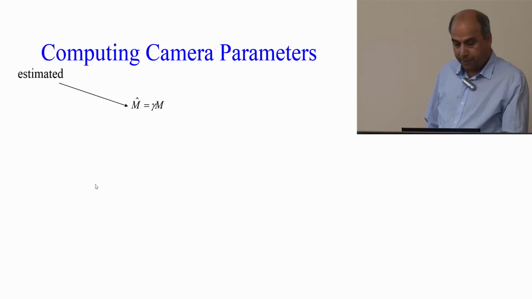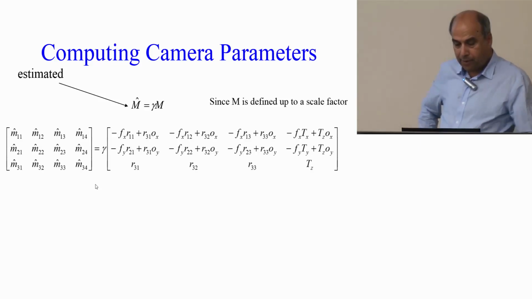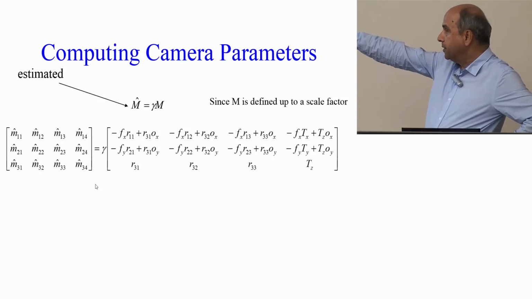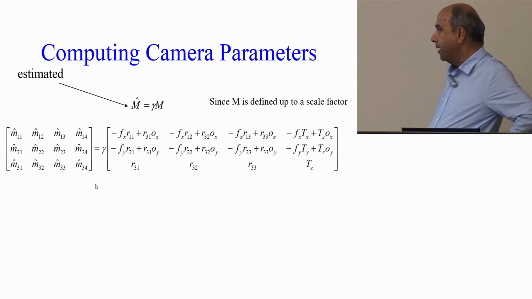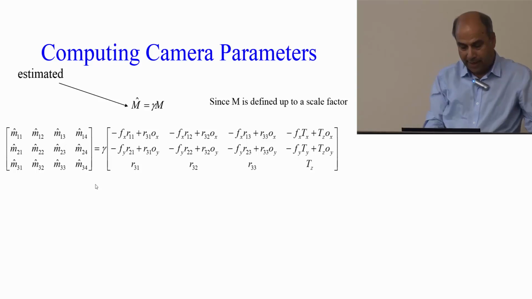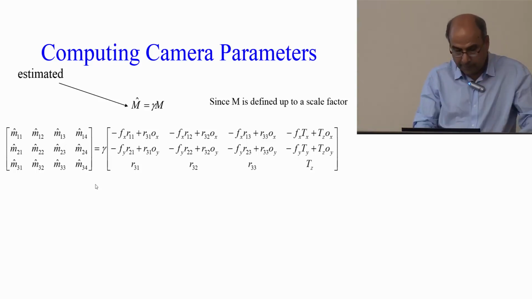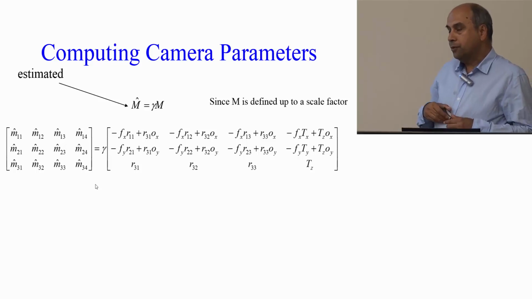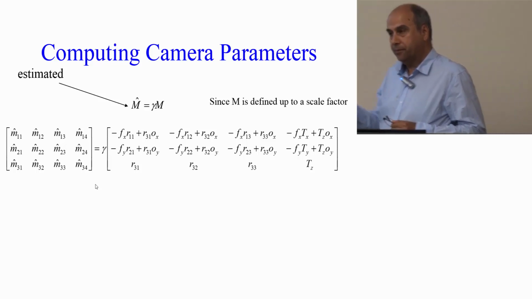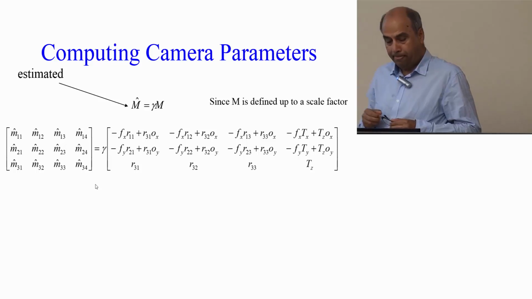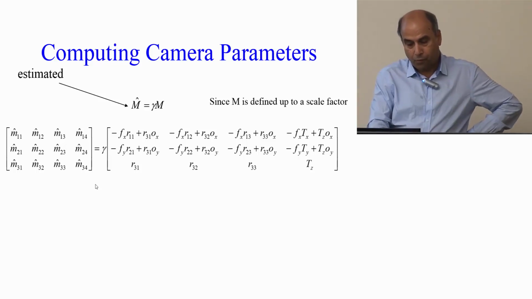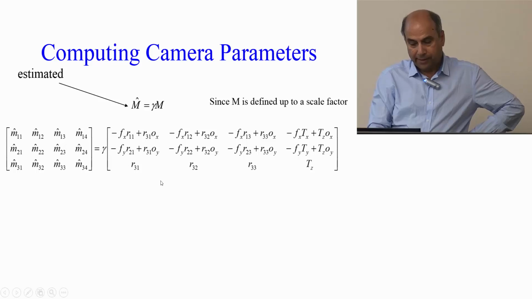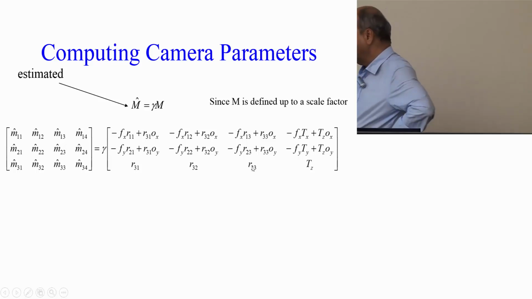Okay, so now we are going to relate this M hat matrix with the camera matrix with that gamma, which is a constant. In doing so, we are going to use the properties of the rotation matrix we have learned, which are very important here. If you look at this, it is a row from a rotation matrix, is that right?